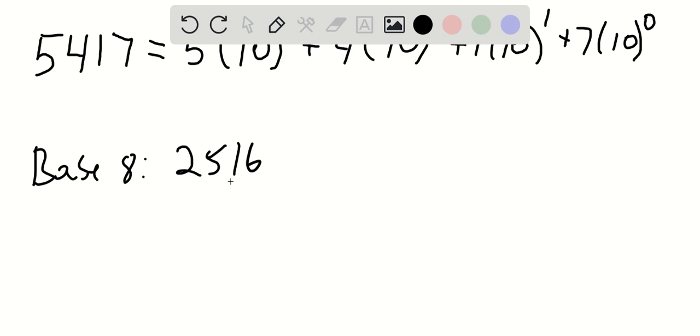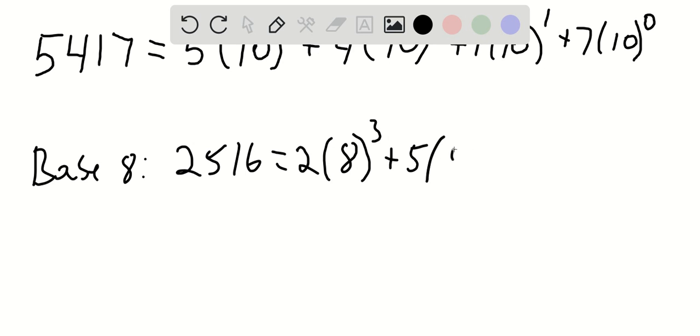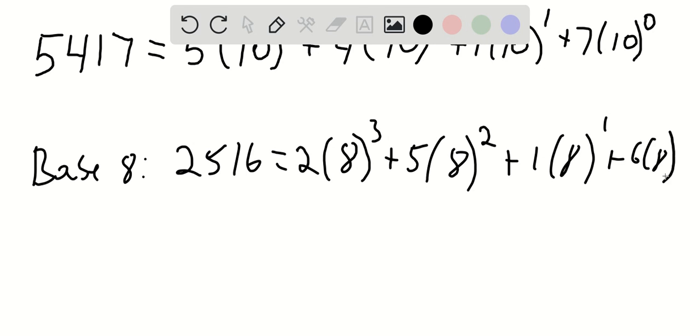If this is a number written in base 8, then this is going to be equal to 2 times 8 to the third power, plus 5 times 8 squared, plus 1 times 8 to the first, plus 6 times 1, but you can write that as plus 6 times 8 to the 0 power. And, right? Yes, that is true.